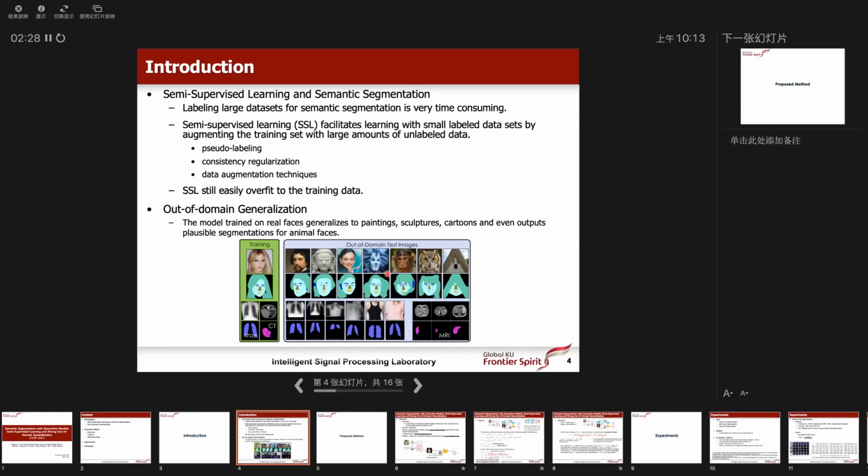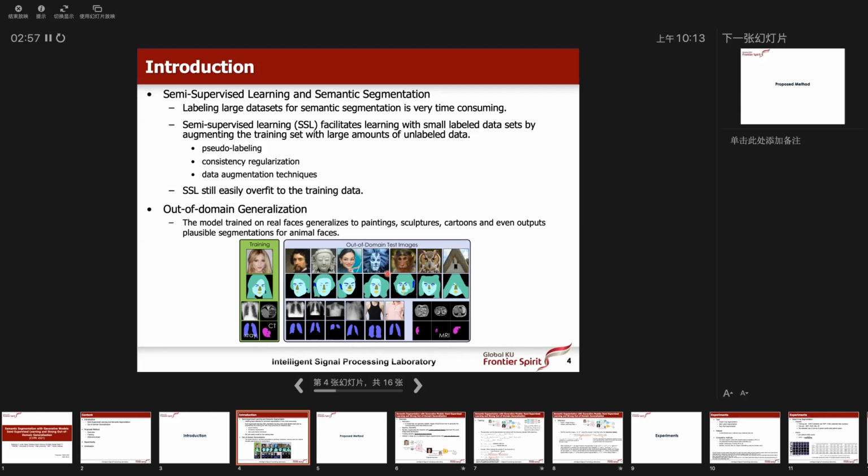Okay, I will briefly introduce these 2 strategies. For pseudo labeling, in semi-supervised learning, we have some labeled data, and we can first train the model using just the labeled data. Then we can input the unlabeled data to the trained model and get pseudo labels for the unlabeled dataset.